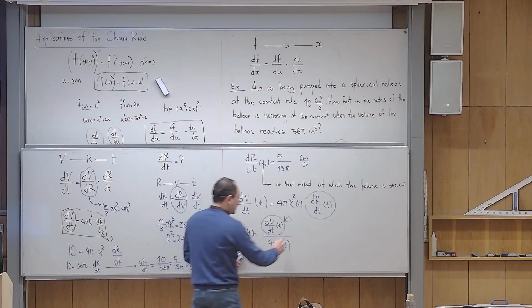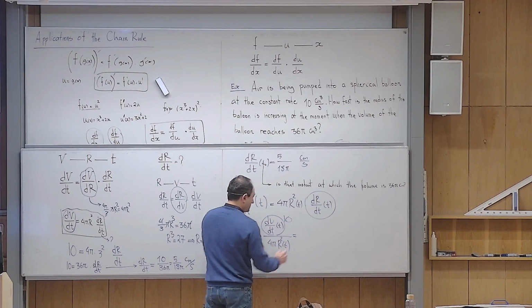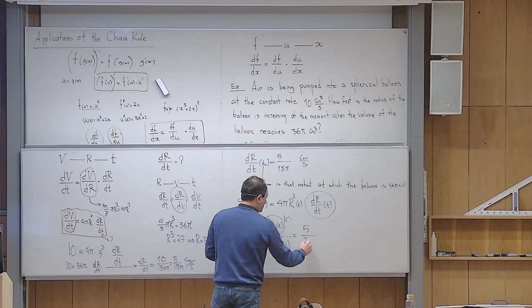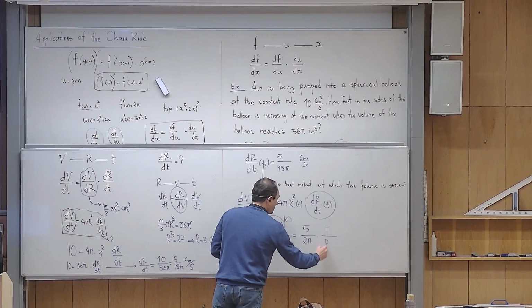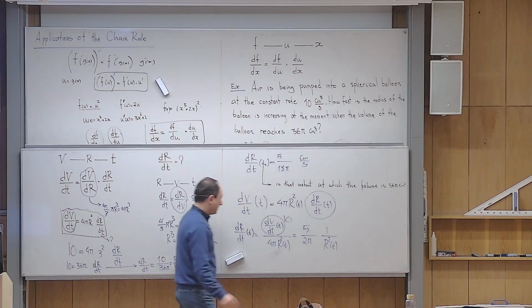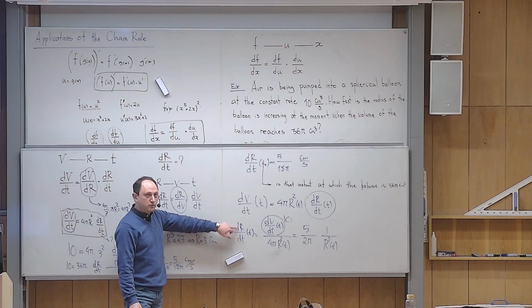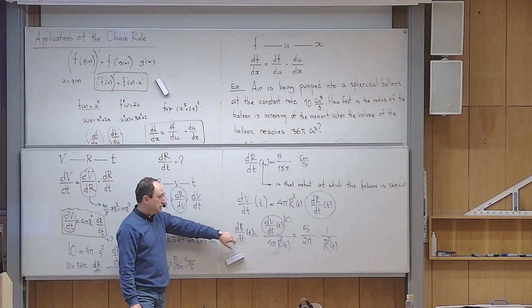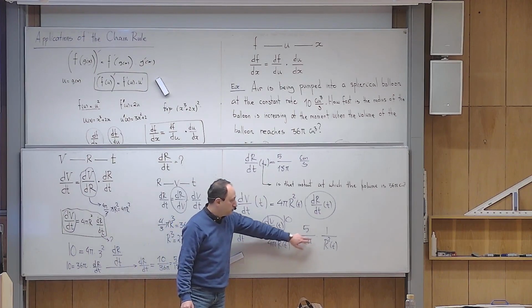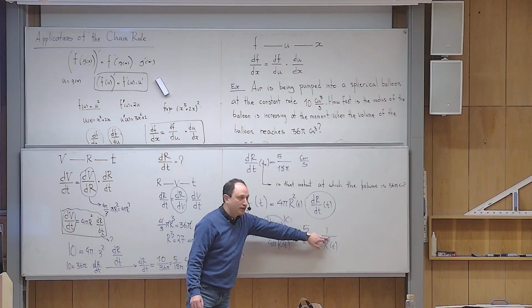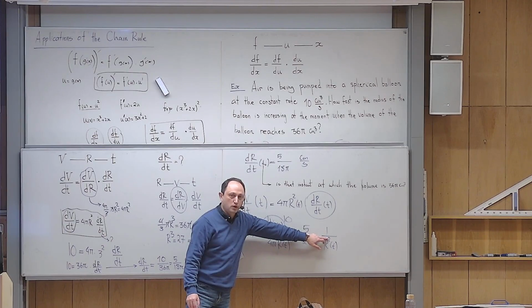So then what happens? I simplify, and it becomes 5 over 2 pi multiplied by 1 over r squared. I hope that you understand what is happening. This is the rate at which the radius is changing, equal to a constant multiplied by 1 over the radius squared.